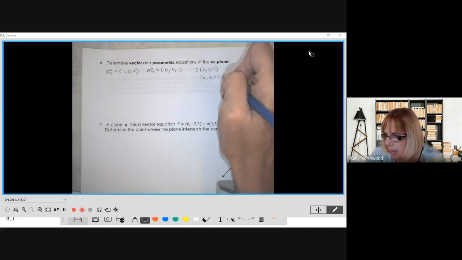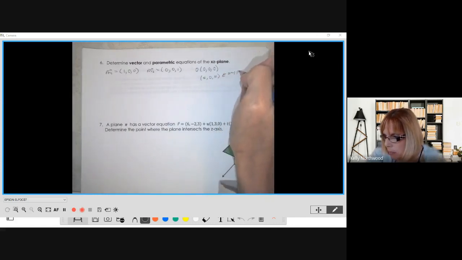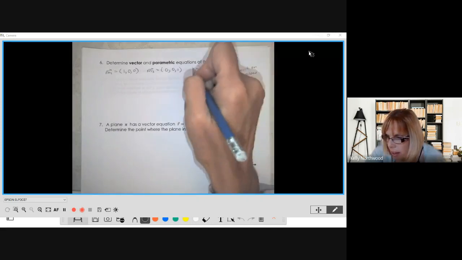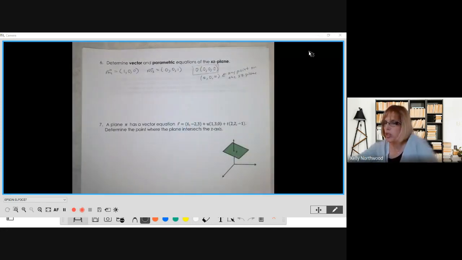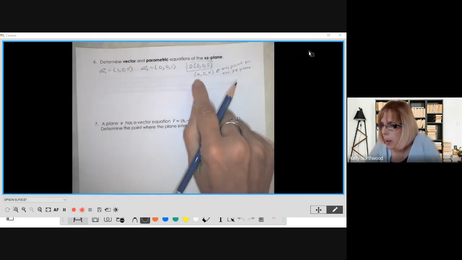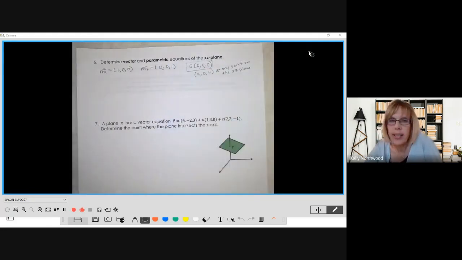So any point on the XZ plane would be constructed like this. Most people would choose the origin because it's the easiest one to choose. You know it's on it. It's really straightforward. But any point constructed like this would also be on the XZ plane.